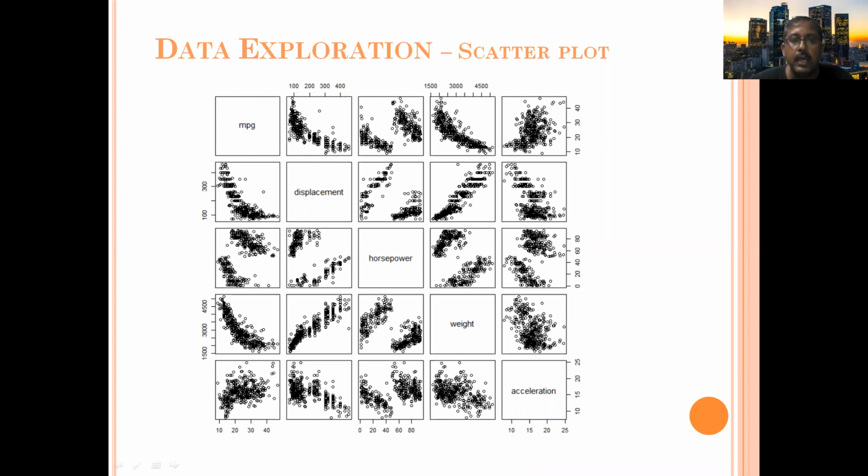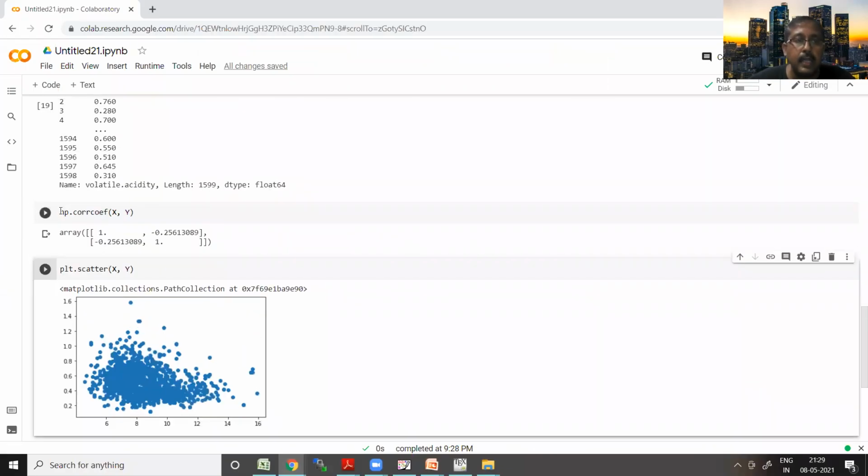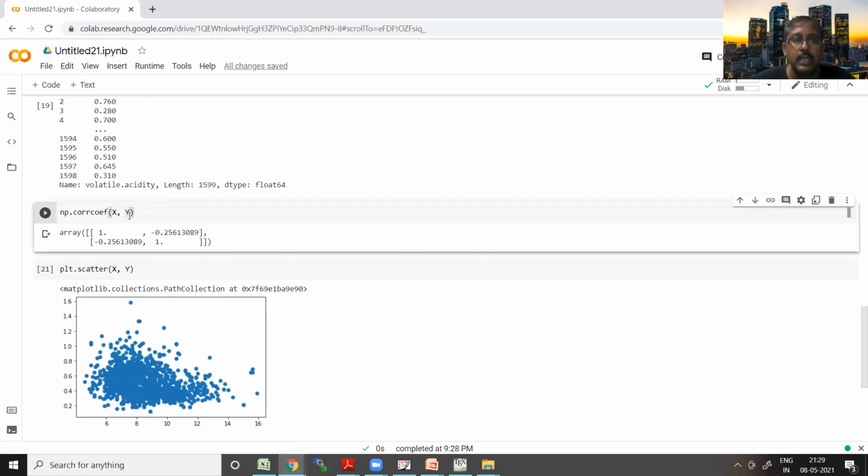Here, between these two particular attributes, there is a positive correlation. So displacement and weight, there's a positive correlation. Like this, you can use either the scatter plot, or we can also use this numpy function correlation coefficient to get the value of the correlation coefficient.